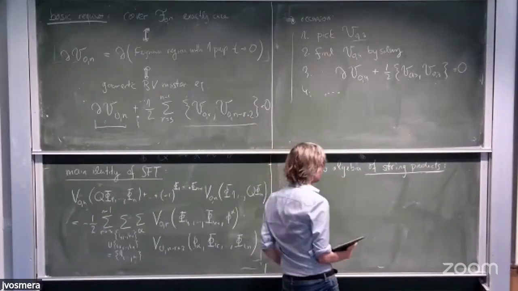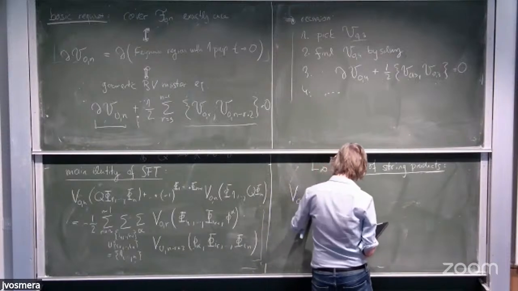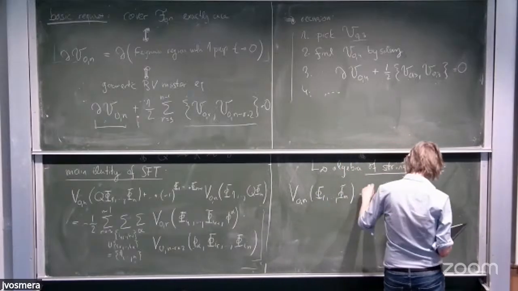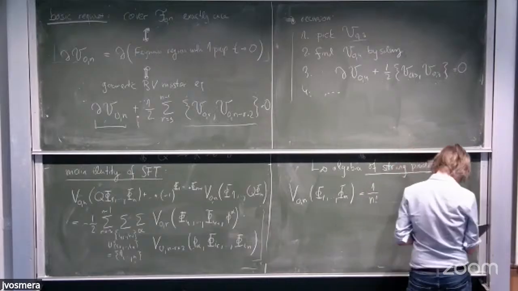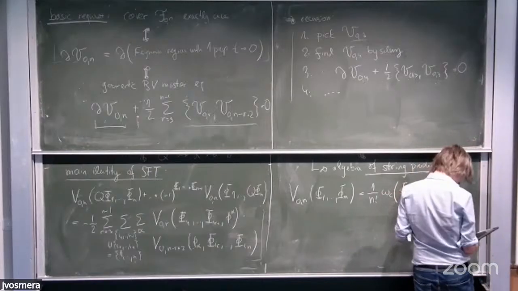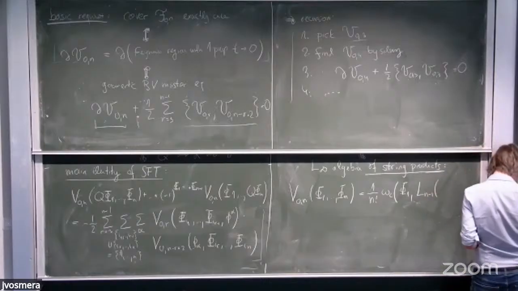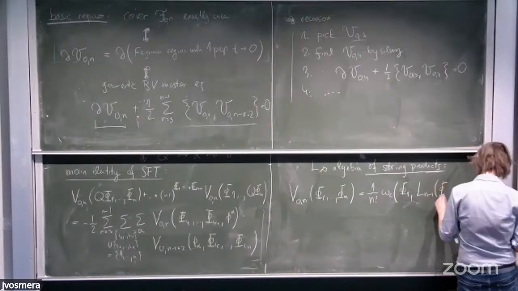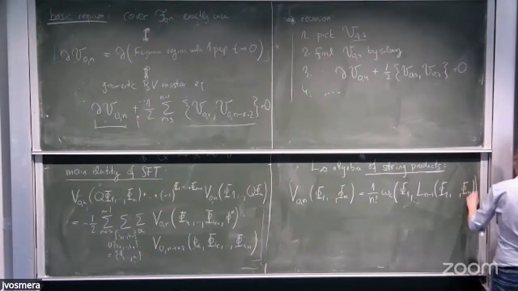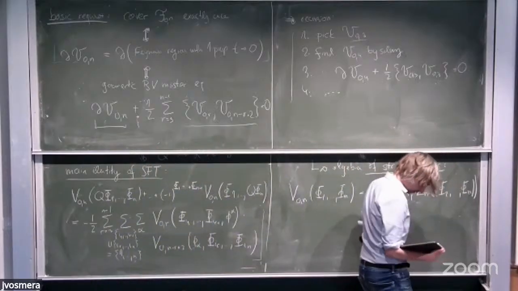So with these string products, the idea is to represent this map V0n of phi 1 to phi n in terms of this non-degenerate bilinear form omega, which was already used to write the kinetic term of the action, and some new maps, which this time take you from n-1 copies of the string Hilbert space and give you another state in the string Hilbert space, which is then overlapped with this final insertion which goes into the computation of the amplitude. And these maps are l n minus 1.